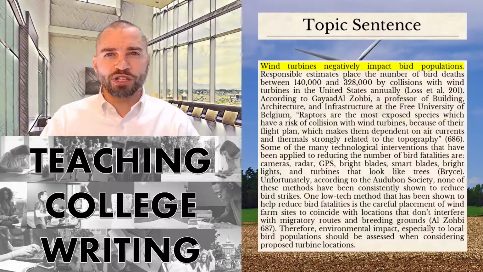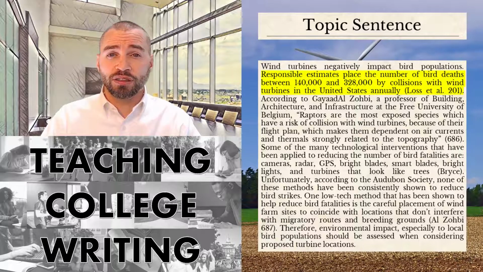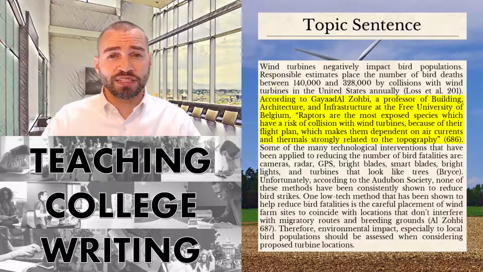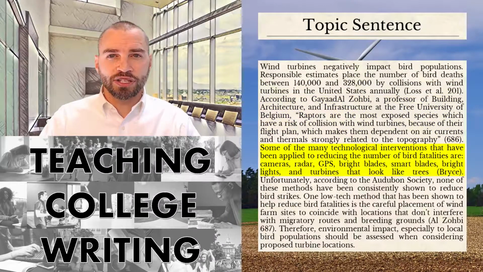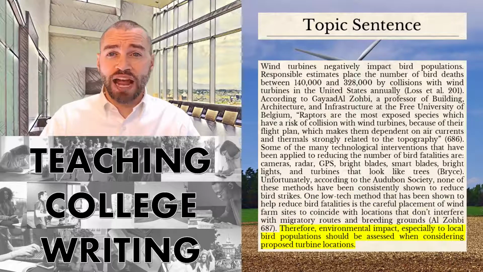All of the information in the paragraph that follows the topic sentence is the information that this writer wants to provide the reader regarding wind farms and their negative effects on birds, like the number of birds killed by turbines, the species most affected, mitigating technologies that have been tried, their limited success, one successful method to lowering impact, suggestions for further action regarding bird strikes and wind farms.